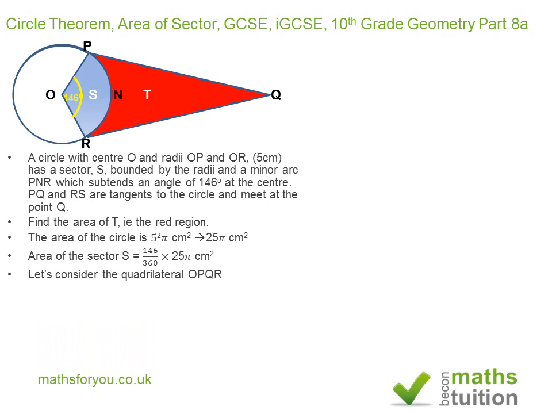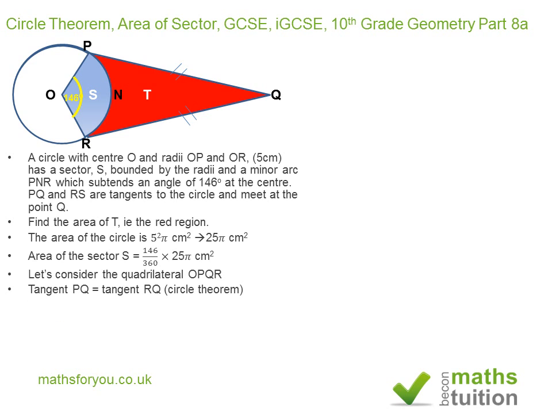Okay, right. Now if we look at the quadrilateral OPQR, it's got OP and OR which are equal, and also the tangents PQ and RQ which are equal, because from circle theorem, if two tangents meet at a point, then both tangents are equal.